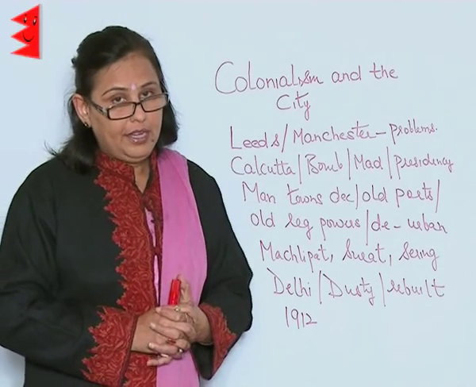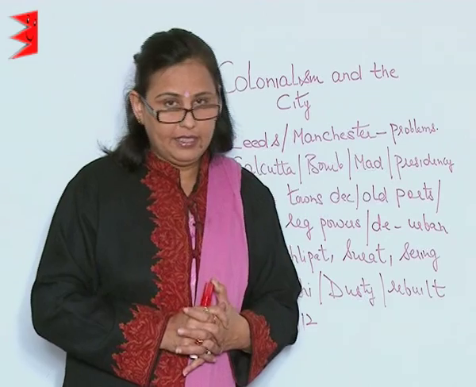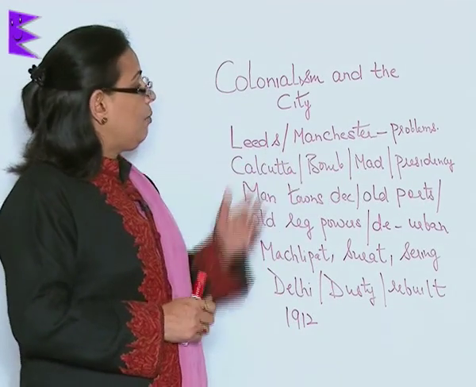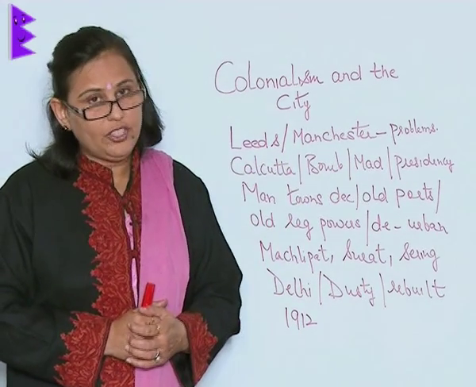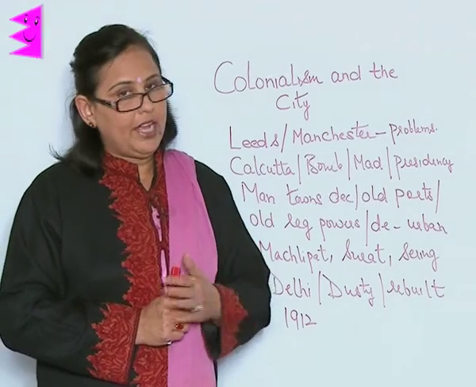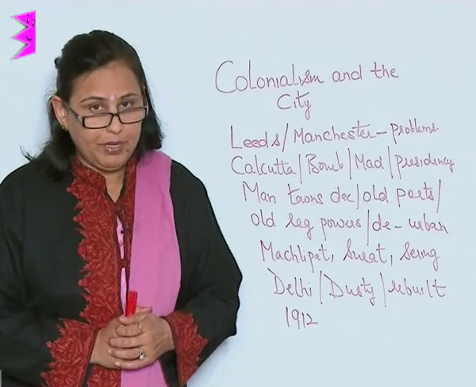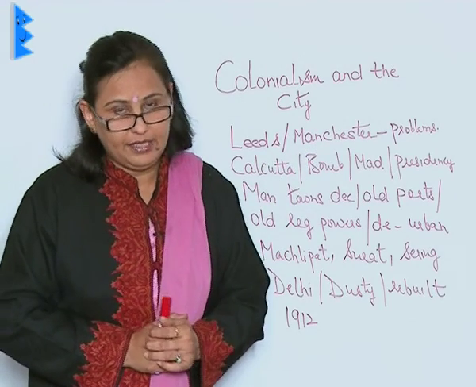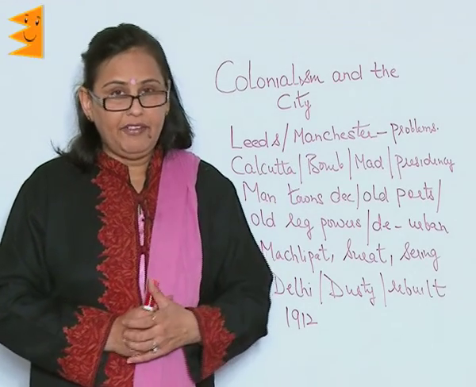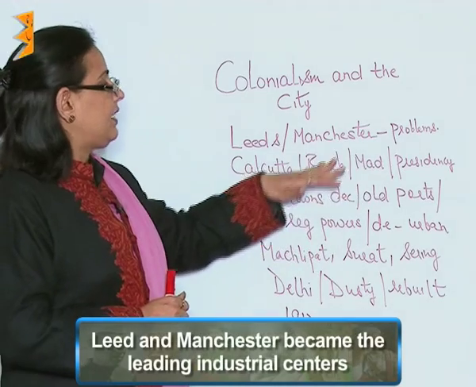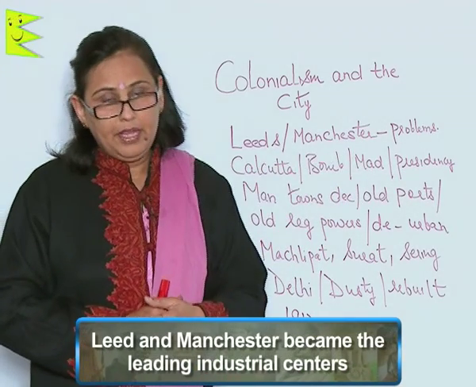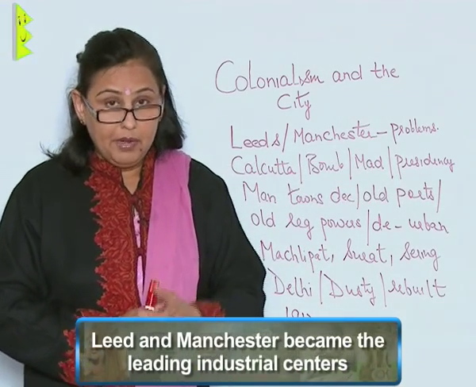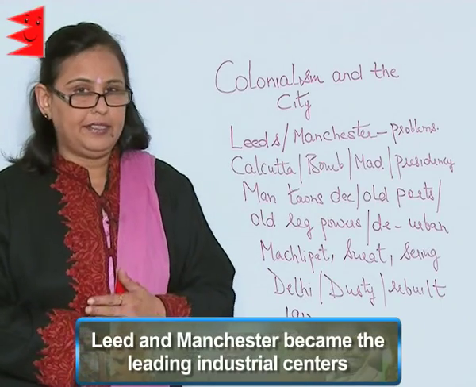Of course, in the Western world at this time, most of the cities which emerged were due to industrialization, which means that the cities were mostly industrialized cities. In England, Leeds and Manchester became the leading emerging industrial centers.